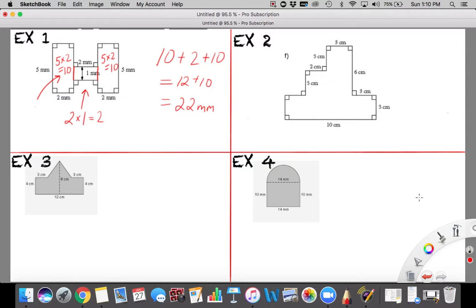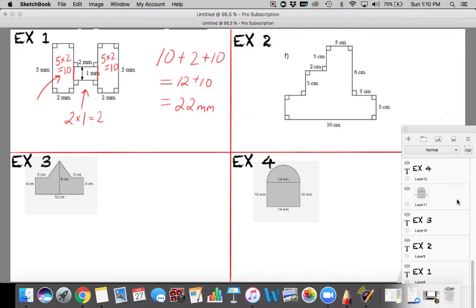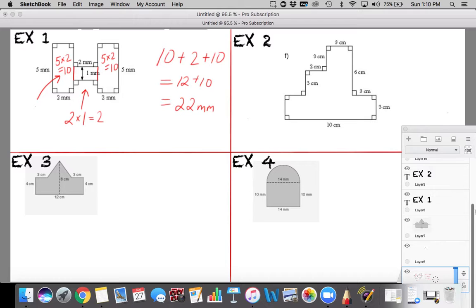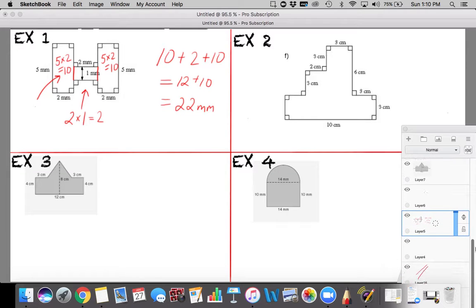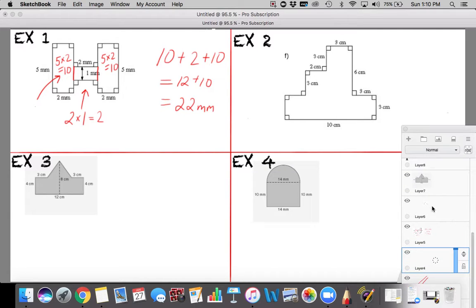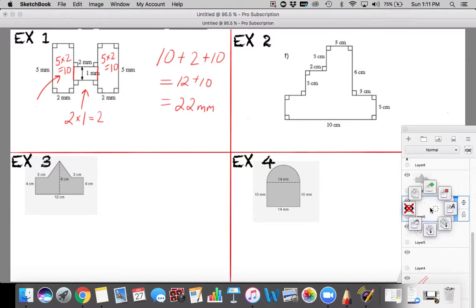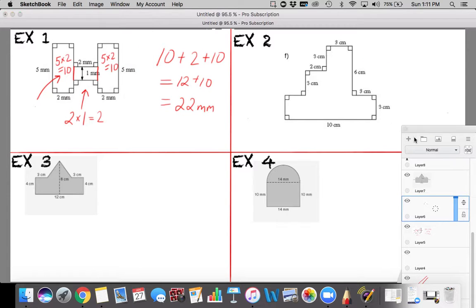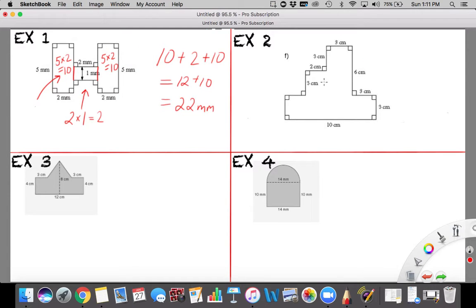Let's go on to the second one, and I'm going to get to that layer so that I can break down that one. Let's see, let's find the layer over here. All right, I think it's over here. Yep, that's the layer. All right, so on this one, this has several shapes.